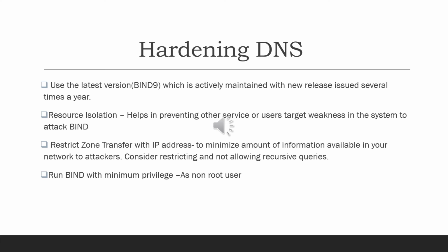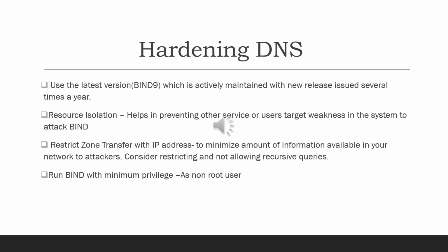Next, I'm going to discuss hardening DNS. First, we need to use the latest version, which is BIND 9 right now. BIND 9 is actively maintained and has new releases issued several times a year. Another thing we need to do to harden our DNS is resource isolation, which helps in preventing other services or users from targeting a weakness in our system.